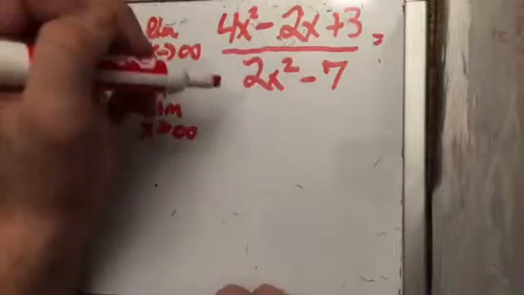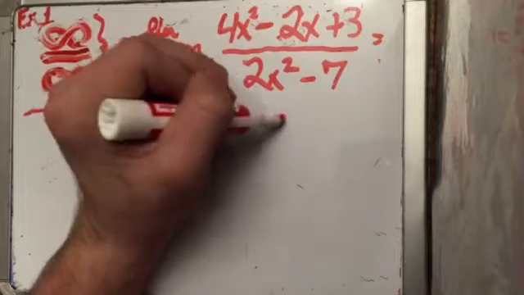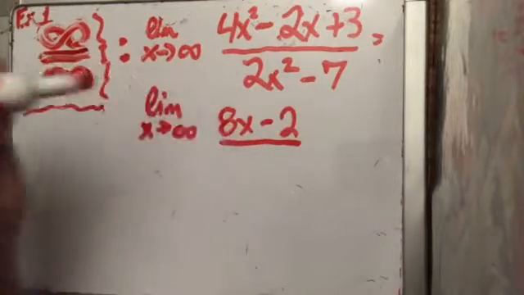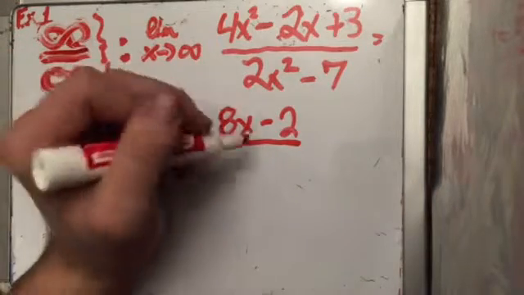So this is the first function. The derivative of this function would be 8x minus 2, and the derivative of the function in the denominator would be 4x.